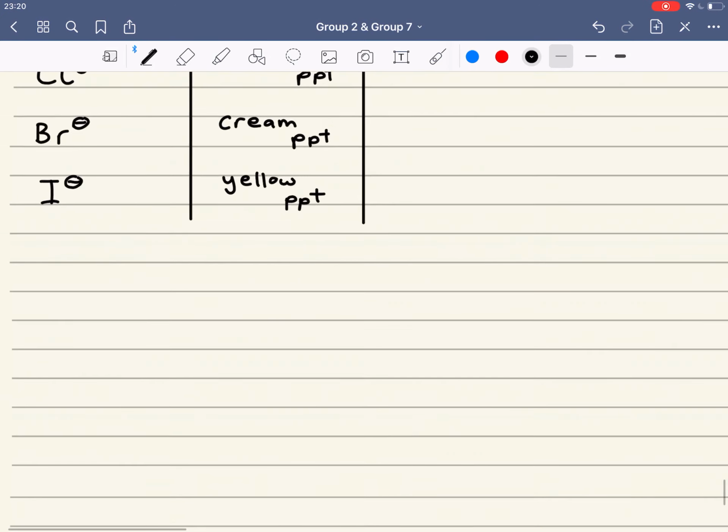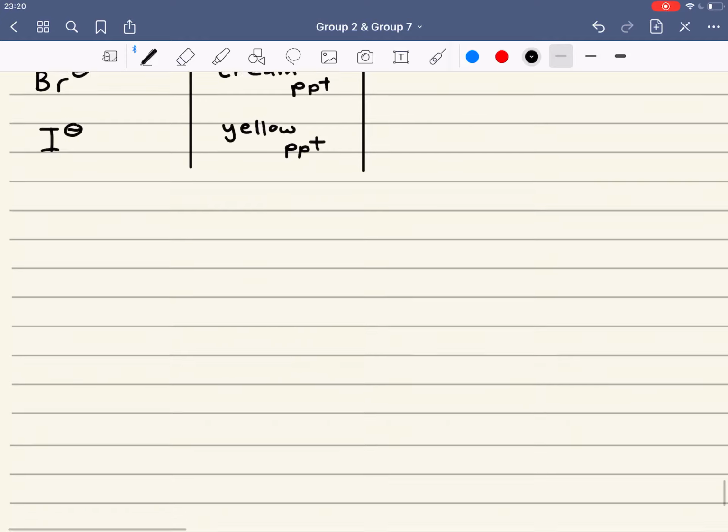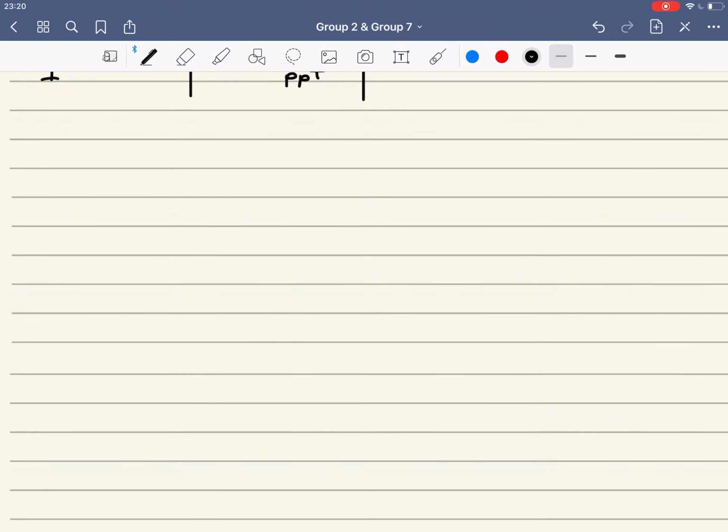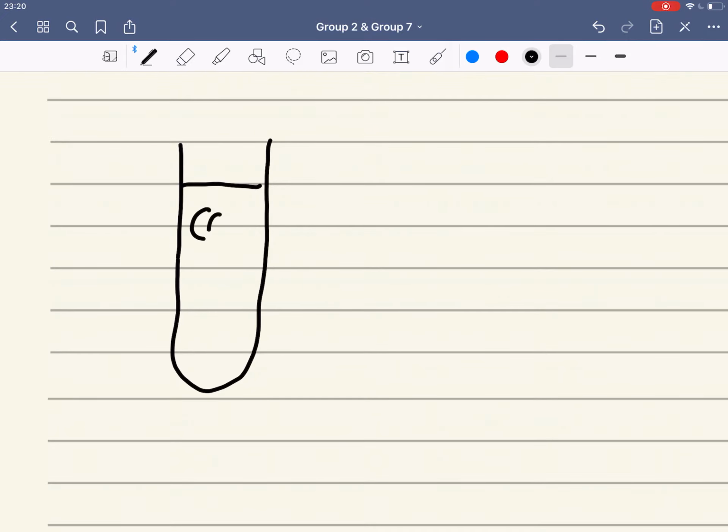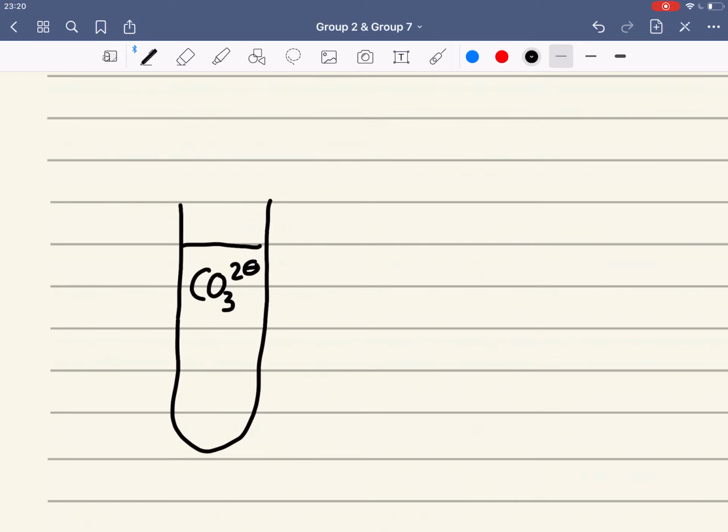Now, why do we acidify this solution? We acidify this solution first. The reason is, consider I've got a test tube of an unknown colourless solution, and I want to see if there are any halide ions present. Let's consider that there are carbonate ions in there. You don't know that, but let's just say that there are.